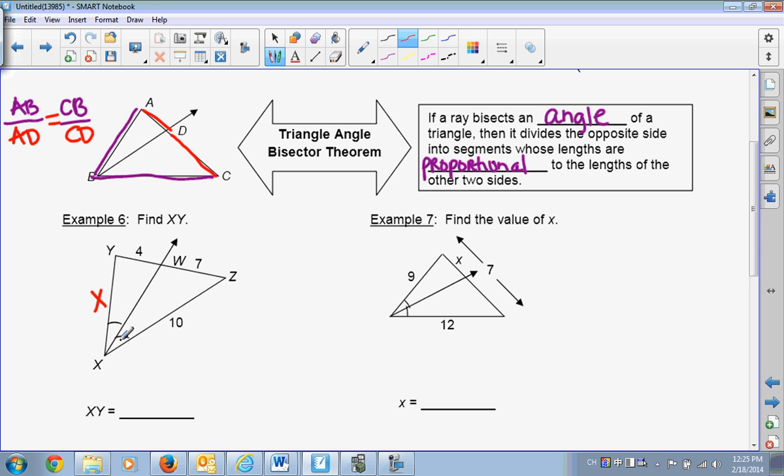So all it is saying, if we look back at our marks up here, XY is corresponding to XZ, and YW is corresponding to ZW, so set up your proportion. X over 4 equals 10 over 7, or you could do X over 10 equals 4 over 7.